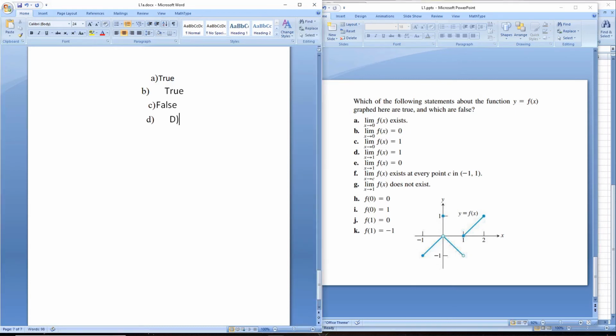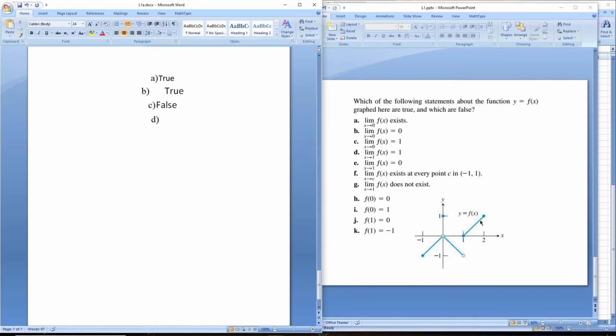Let's check out the next one. Now they're asking us if the limit of this function as we approach 1 is this 1. So let's take a look at an input of 1. Here's an input of 1 right here. As we approach from the left, that's right here. So as we walk along this function and we get to our input, we find we are at a height of -1. So the left limit is -1.